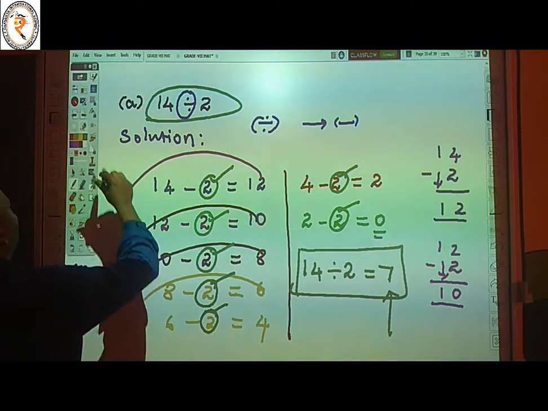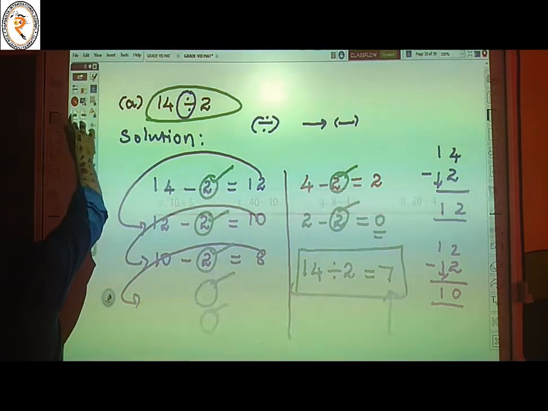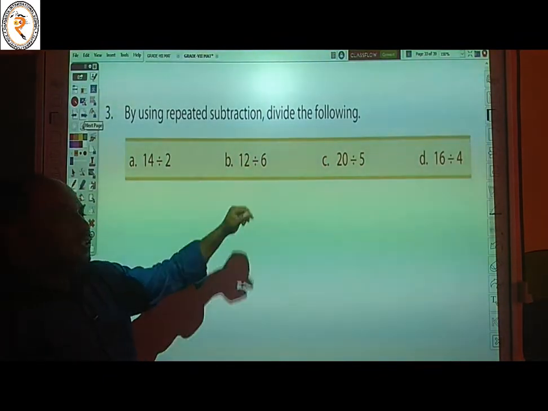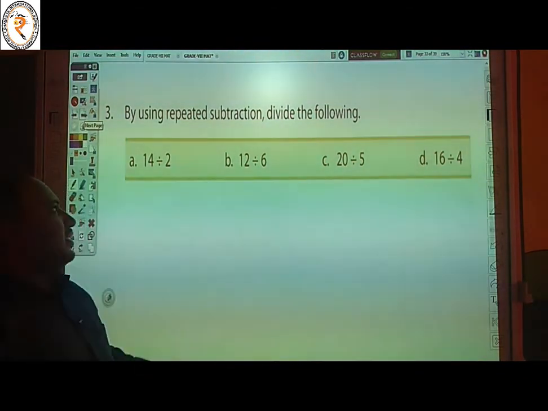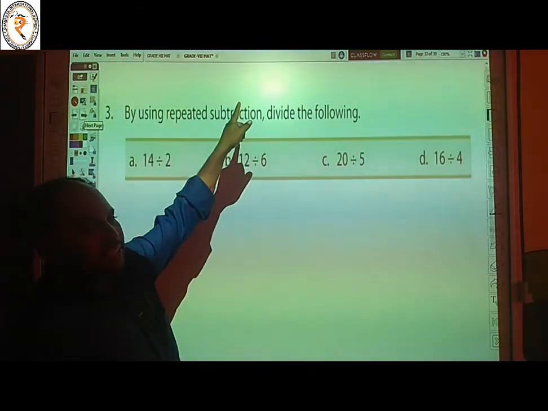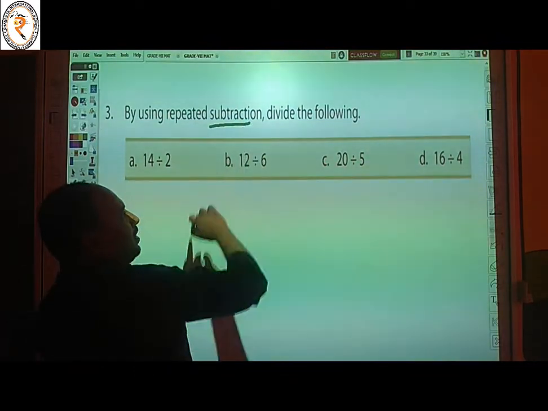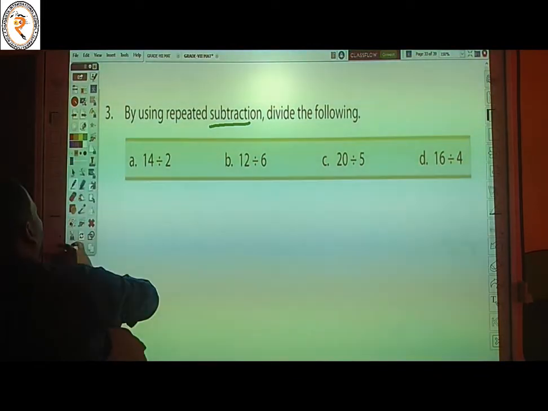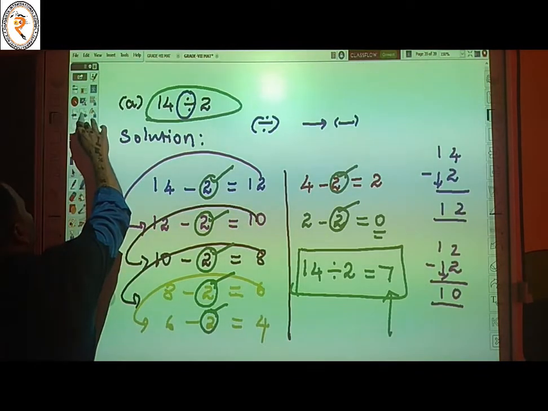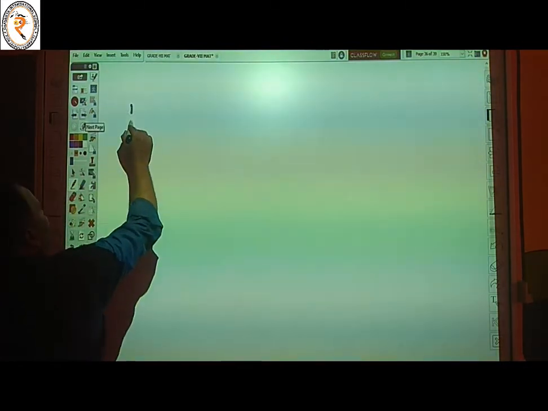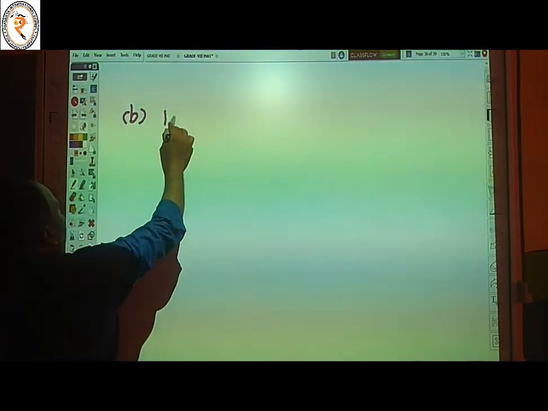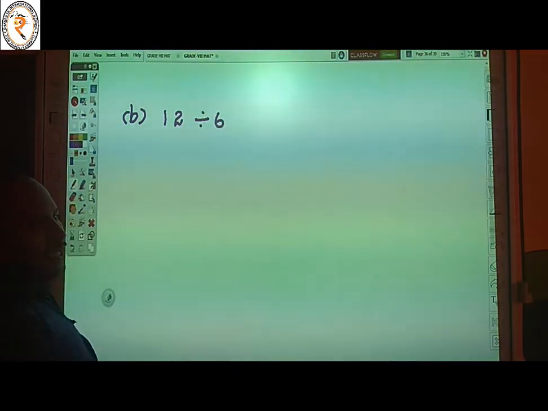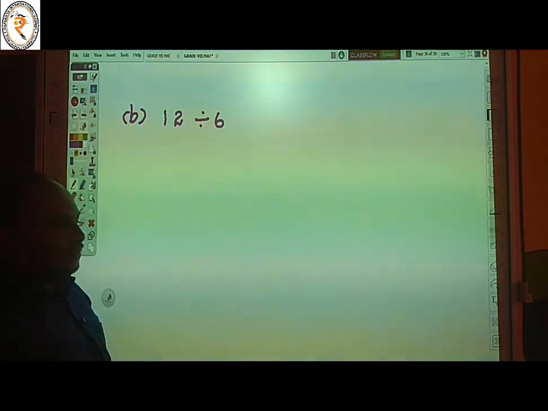The next one. We got 12 divided by 6, by using repeated subtraction.